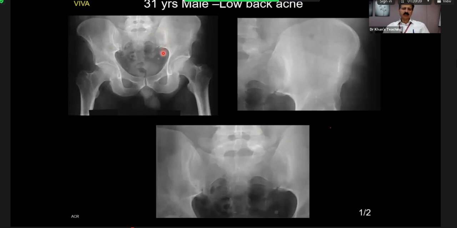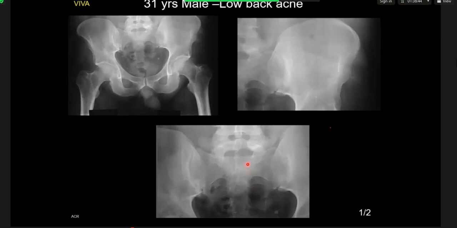What else? Anything else? So I can also appreciate there is enthesopathy involving the left lateral part of the sacrum, anterior superior iliac spine region. What is your conclusion?